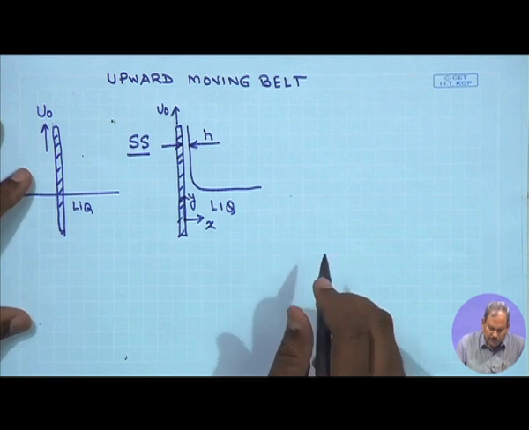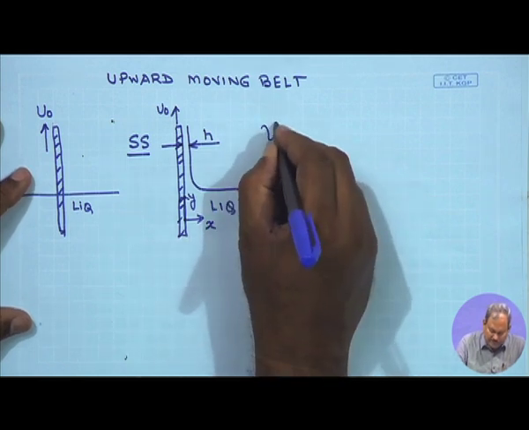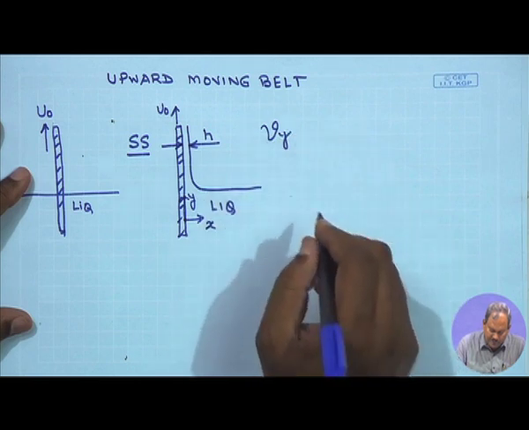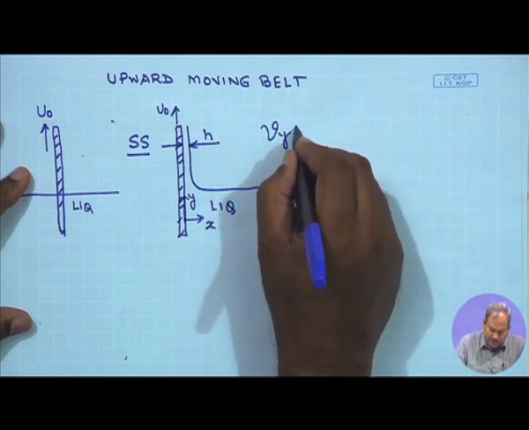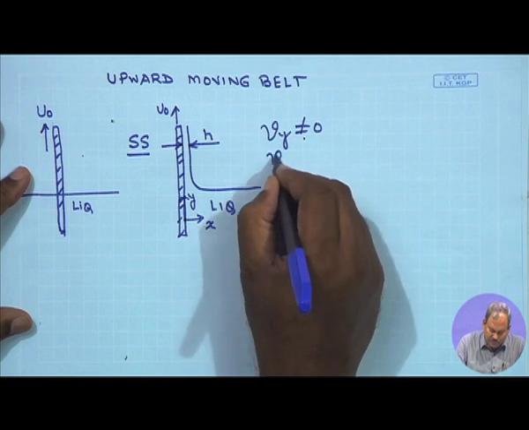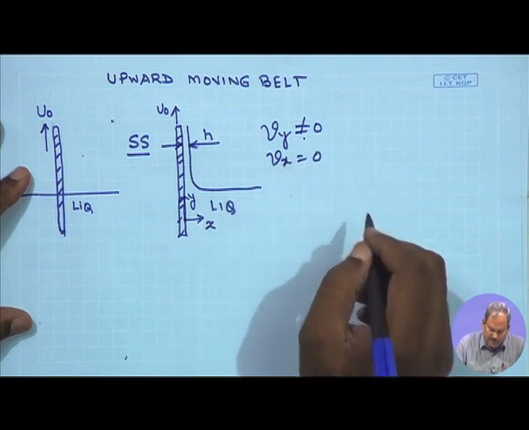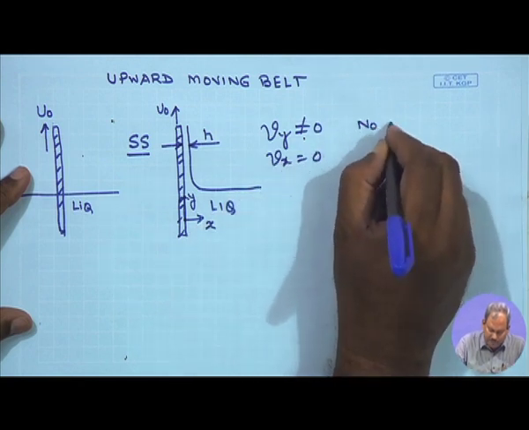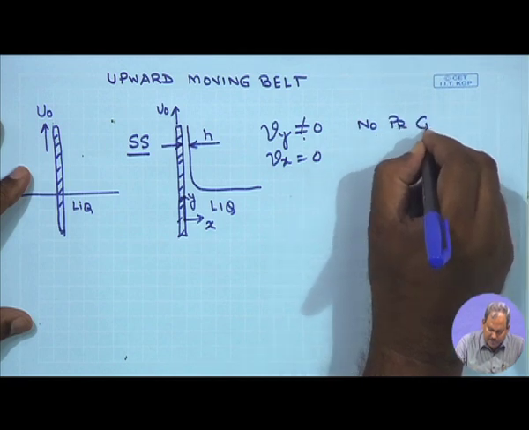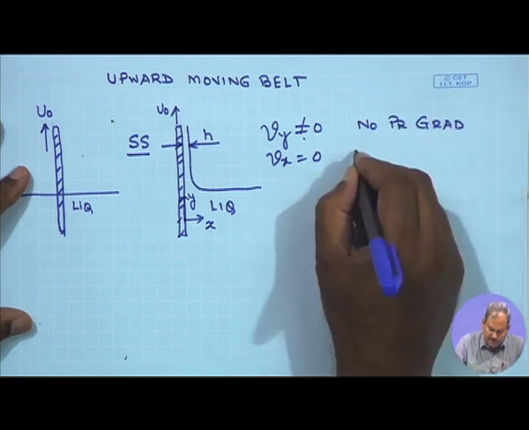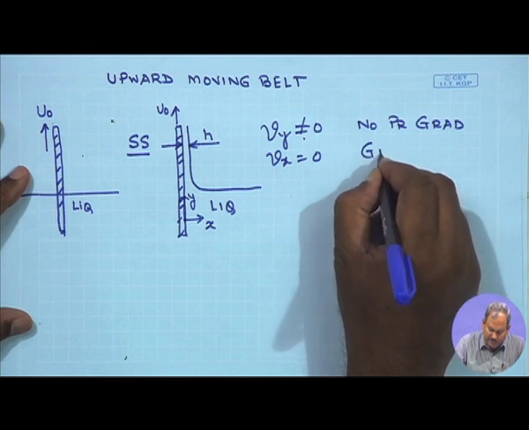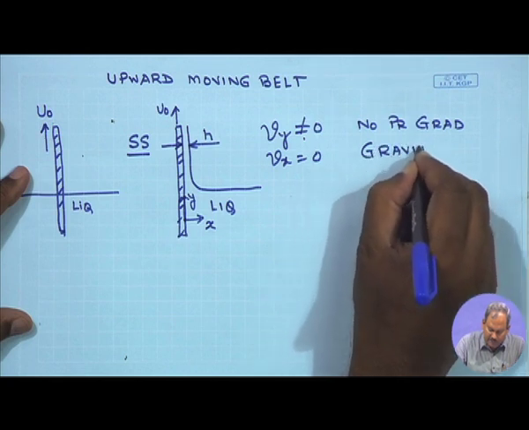What we need to find out is, and you can see that you have Vy in here, the Vy is not equal to 0, Vx is however equal to 0. There is no pressure gradient which is acting in this case, and the only force which is acting is gravity.